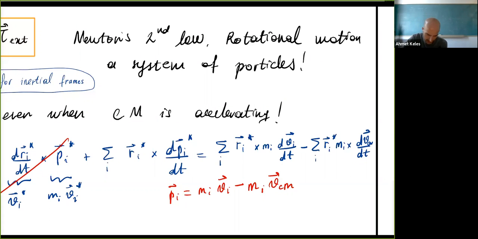Now I see two things. First, let's start with this one. dv_i/dt is a_i, and m_i times a_i is the force on the ith particle as a vector. That's one thing.